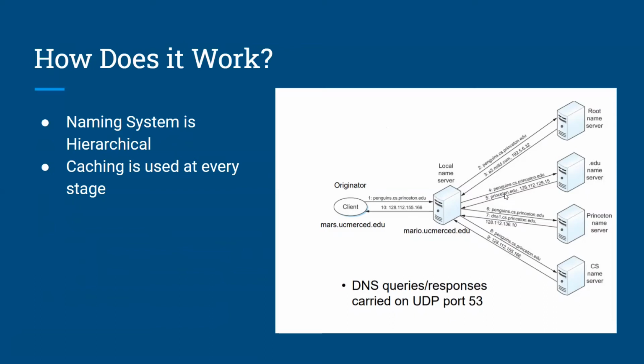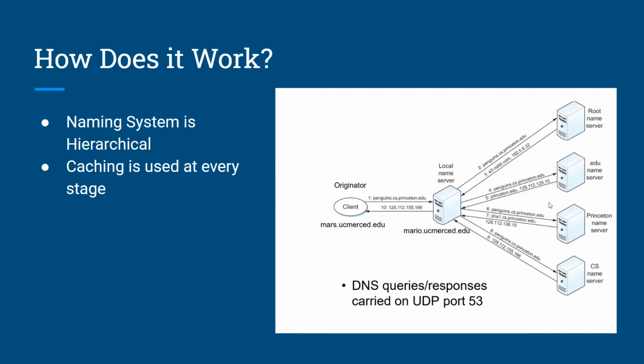And then it gives back princeton.edu. Then it goes to the Princeton name server, and then back, and then to the CS name server. That's where it gets the IP address from, but it had to go all the way from the root to the edu and so on.